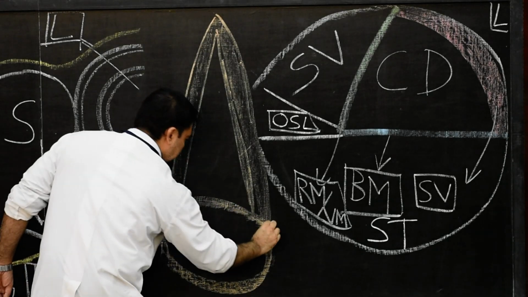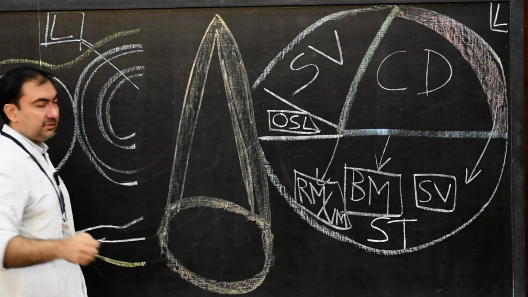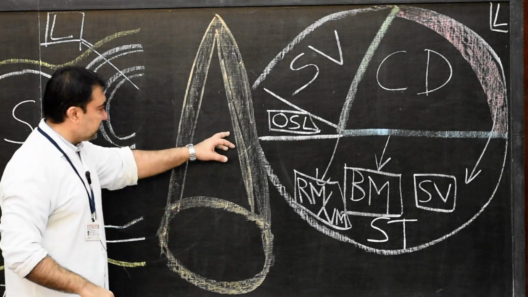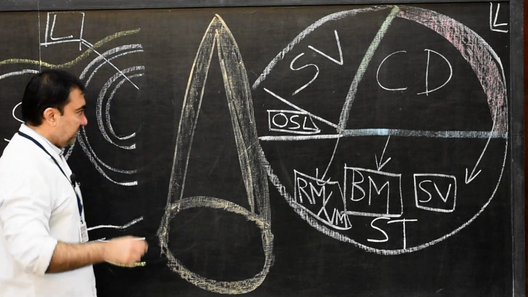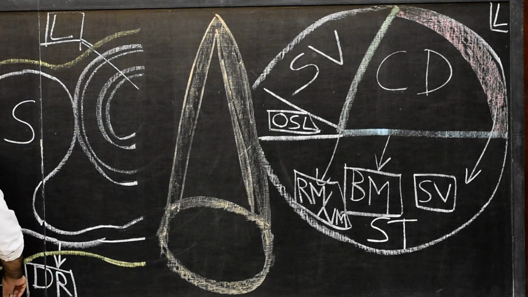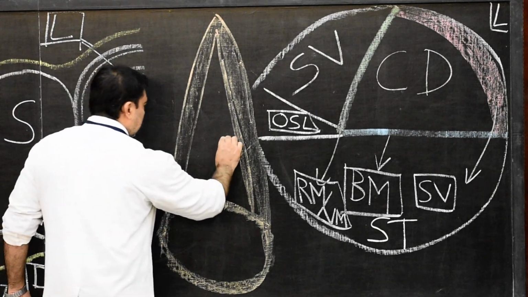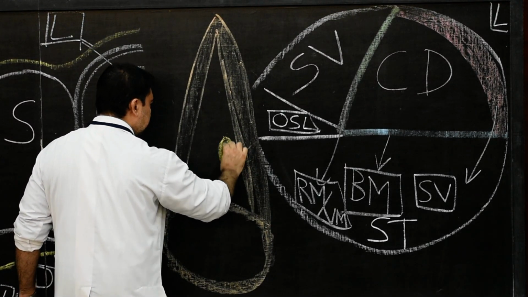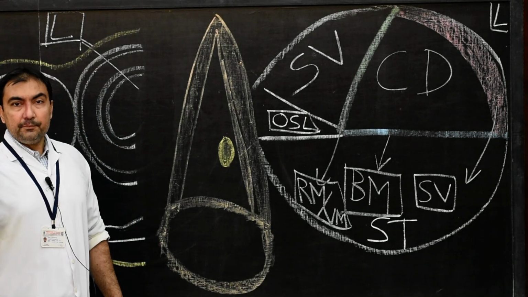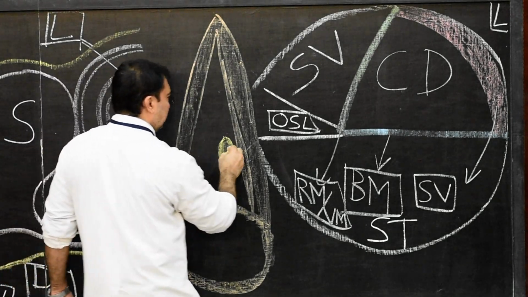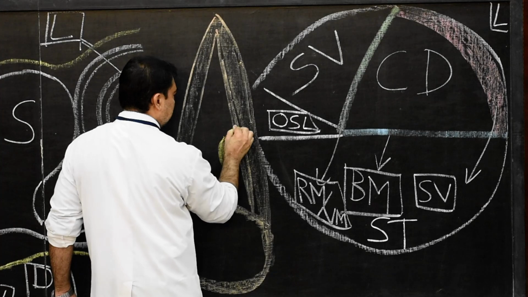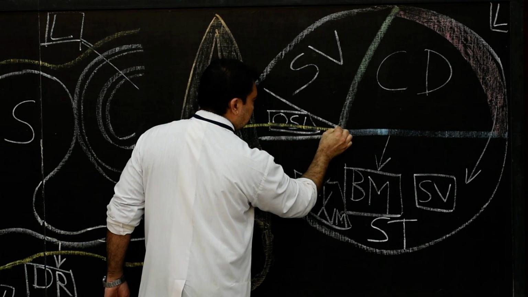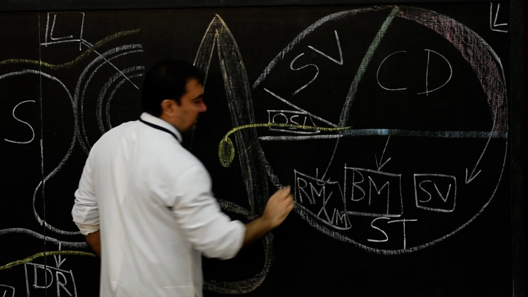And here what we need to show is the presence of spiral ganglion cells. Here I will show only one spiral ganglion cell. This is very important. This spiral ganglion cell will be located here, and there are so many spiral ganglion cells in which the peripheral process will be passing through the modulus and through the osseous spiral lamina into the cochlear duct.